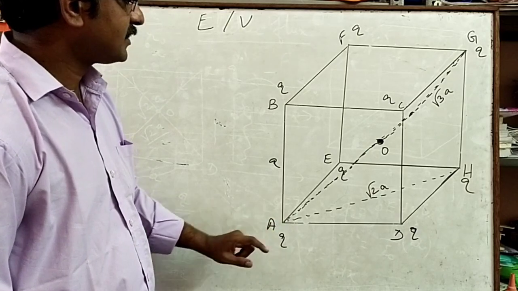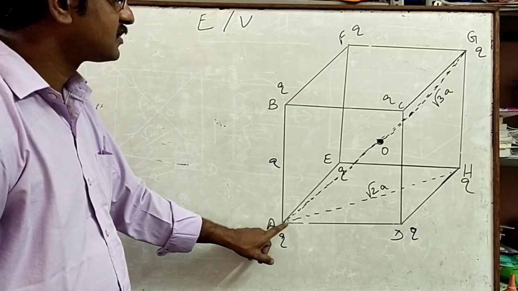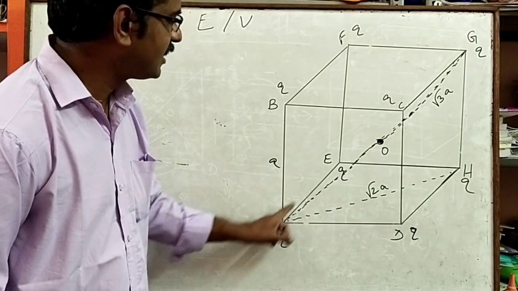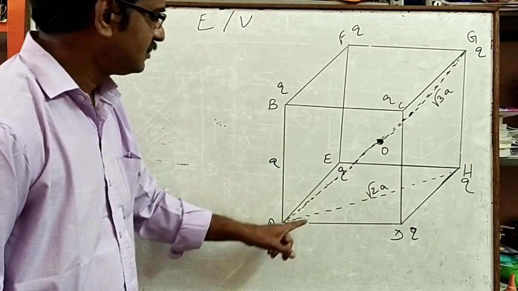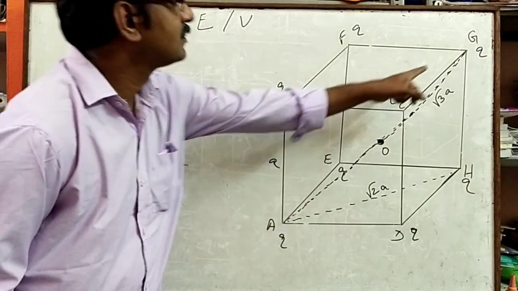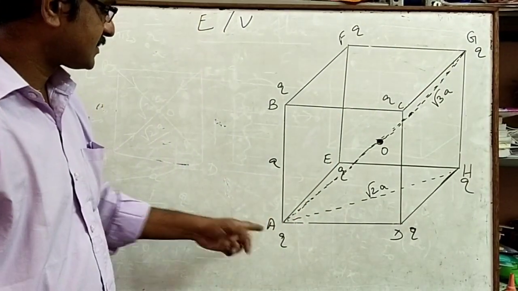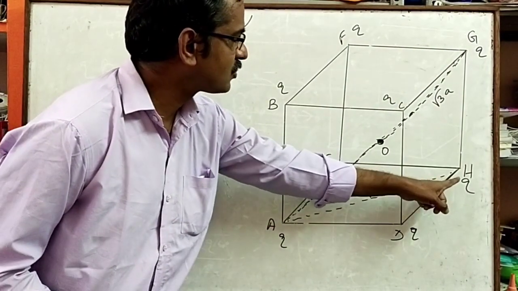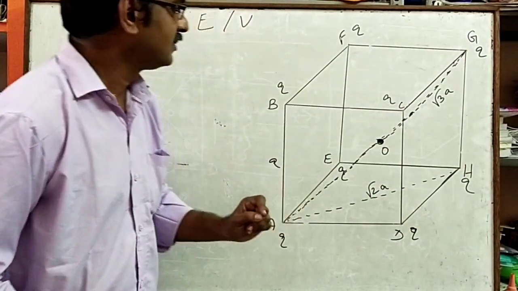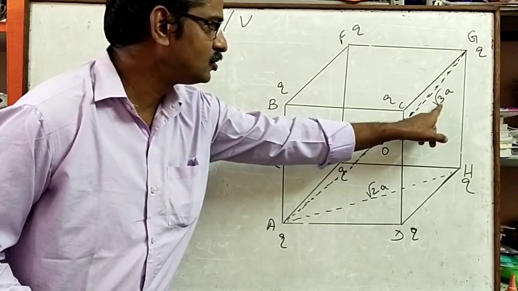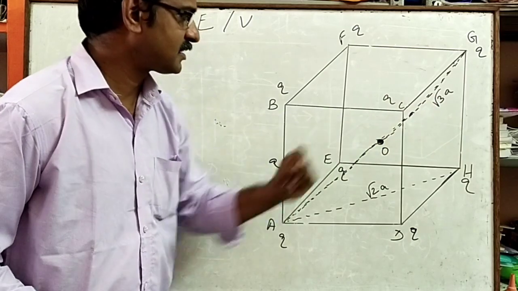Applying Pythagoras theorem, A to H is the diagonal of the square A, E, H, D, which is root 2 times A. Then AG square is equal to AH square plus HG square, so the total diagonal distance is root 3 times A.